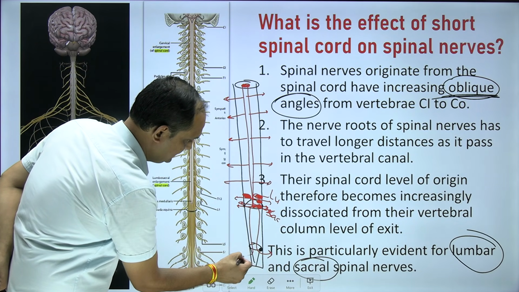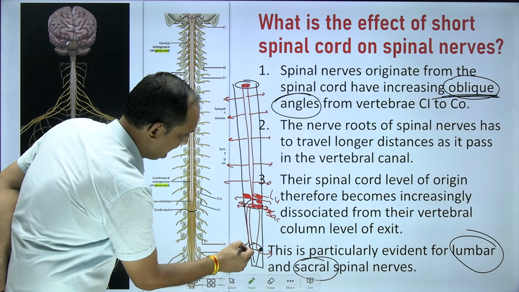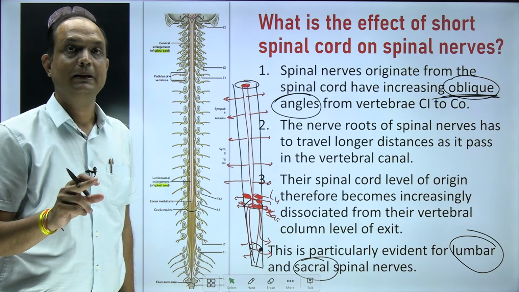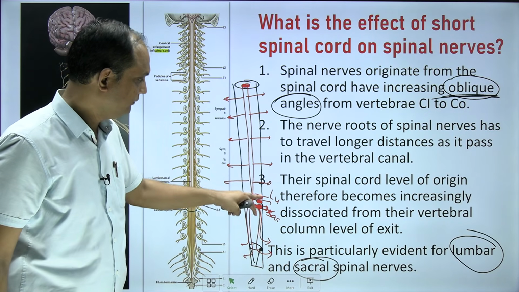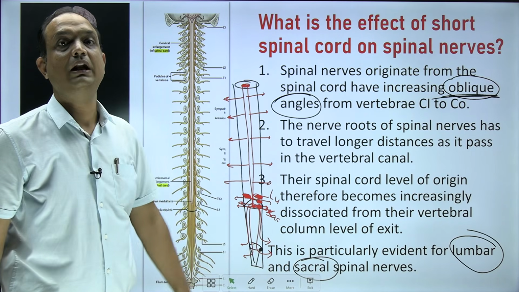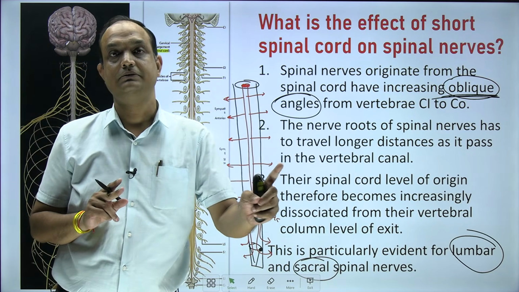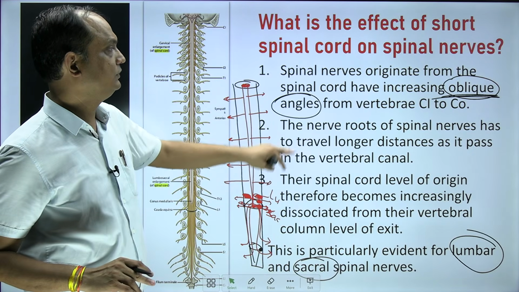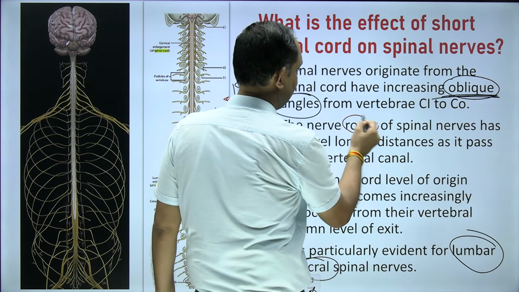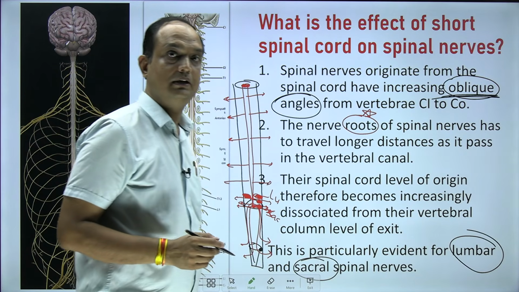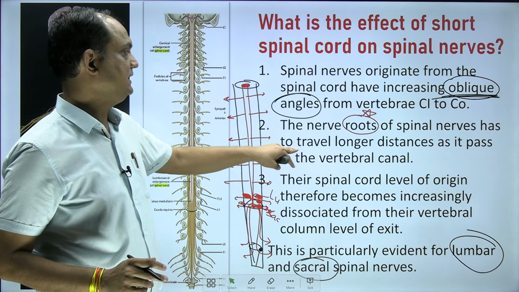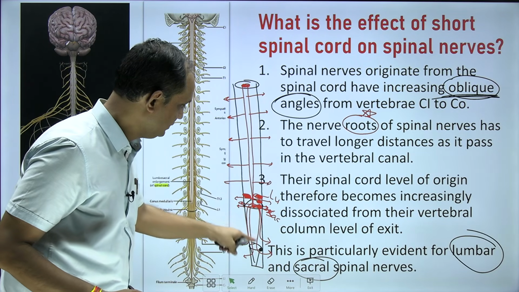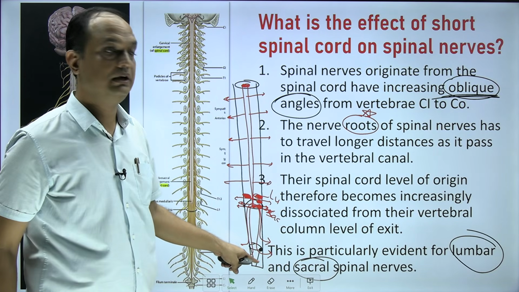The point of exit remains the same, but because of the shifting, the nerve length will increase. Particularly we are talking about the roots of the spinal nerves. This is not the trunk, it is the root of the spinal nerve which has to travel a longer distance as it passes in the vertebral canal.